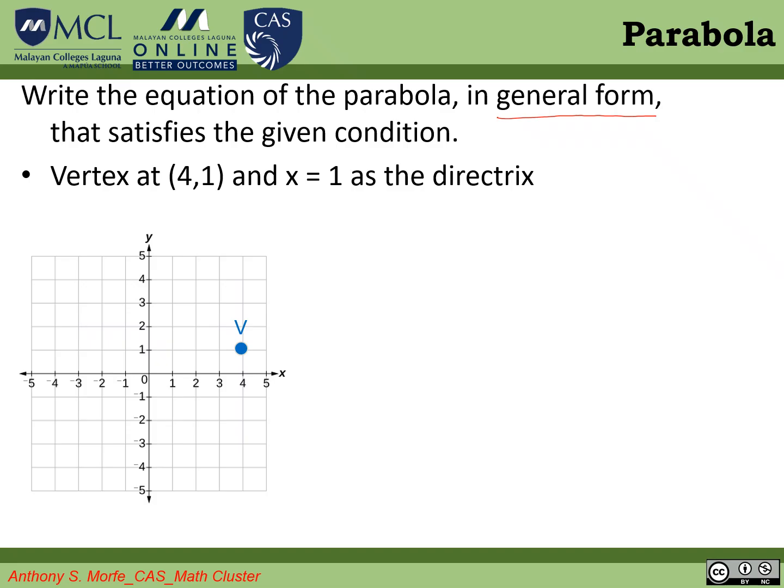So we're given the vertex. The vertex is at coordinates (4, 1). All numbers are positive. So 1, 2, 3, 4, going to the right, then 1 step up. So this is the vertex, coordinates (4, 1). And x equal to 1, so this is our x equal to 1. So that is the directrix.